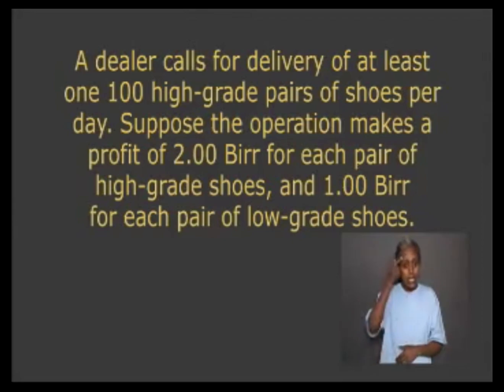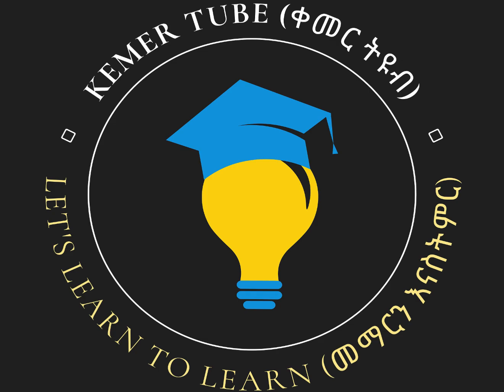Suppose the operation makes a profit of 2 birr for each pair of high-grade shoes and 1 birr for each pair of low-grade shoes. How many pairs of shoes of each type should be produced for maximum profit?